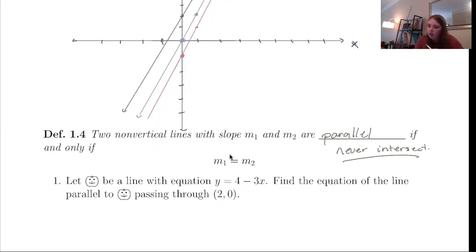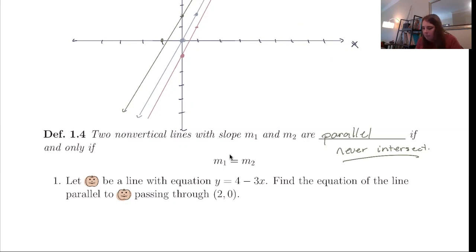All right. So if we let pumpkin be a line with the equation y equals 4 minus 3x, find the equation of a line parallel to pumpkin passing through (2, 0). In the previous section, we were told, here's this slope, here's this point, find a line, or here's 2 points, give me a line.